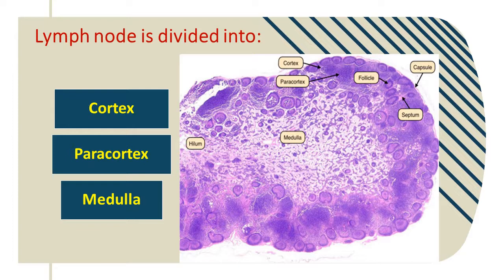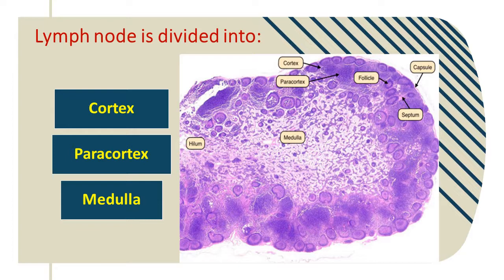Deep to the cortex lies the medulla, having medullary sinuses and medullary cores. They contain numerous plasma cells and are one of the main sites of antibody secretion within the lymph node. The lymph drains through medullary sinuses to the hilum.